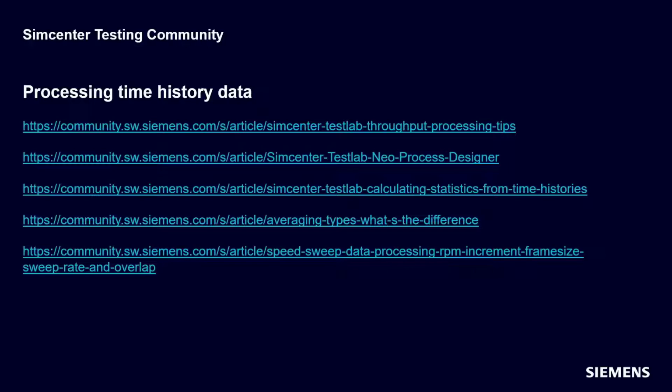You can see some of the articles I just picked real quickly off the top of my head that deal with a little bit about how to process the time history data you've just learned how to acquire. So anything from calculating sound quality metrics to cutting orders and things like that. There's an article on here about the different averaging types. I just kind of breezed over that. You can look into that and see what all those different averaging types are about.